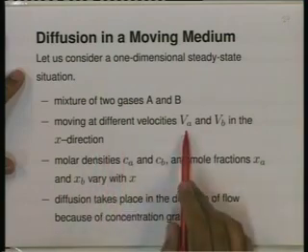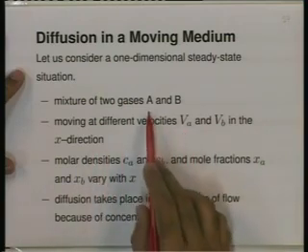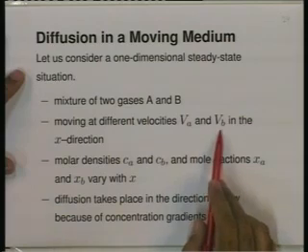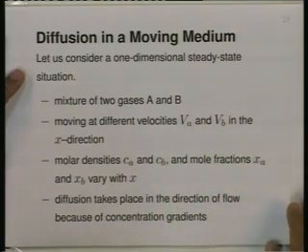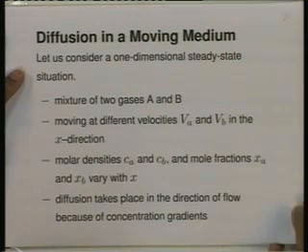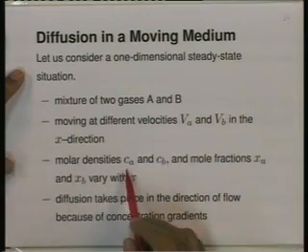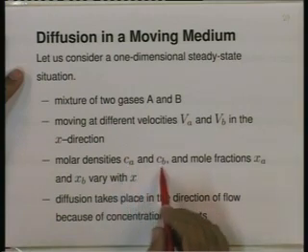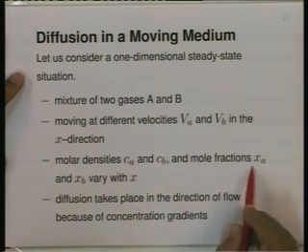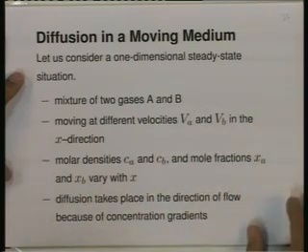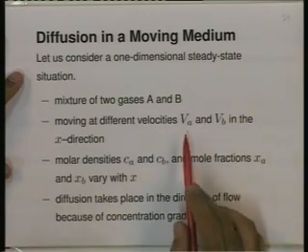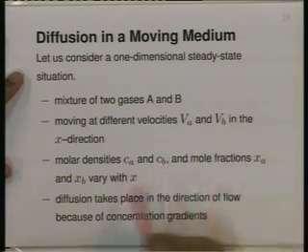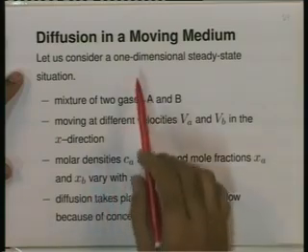In the x direction, let VA be the velocity of component A and VB be the velocity of component B. Let the molar densities at a particular location be Ca and Cb, kg mole of A per meter cube, kg mole of B per meter cube, and the corresponding mole fractions be Xa and Xb. And it is possible that Va, Vb, Ca, Cb, Xa, Xb vary with x because it is a one dimensional situation.